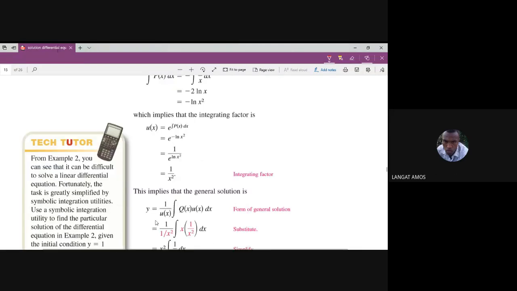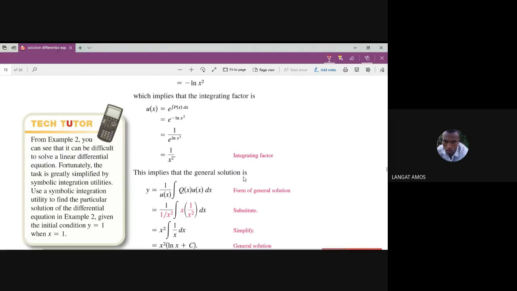So this implies that the general solution, you remember, was y equals 1 all over u(x) times the integral of q(x) u(x) dx. So q(x) was x, and this is the integrating factor, which is 1 all over x square, and then the x.